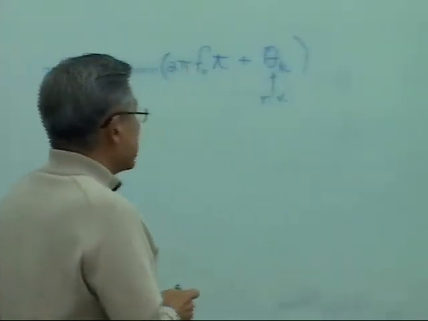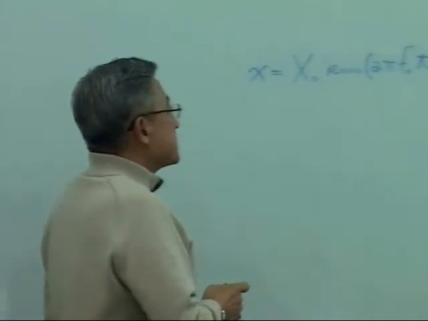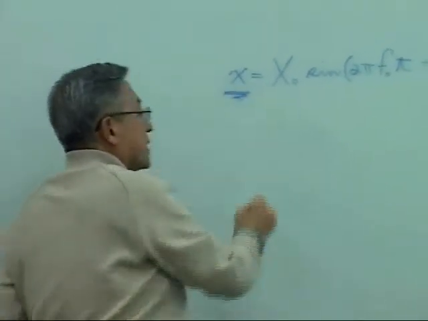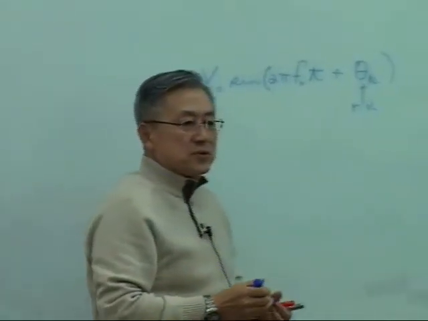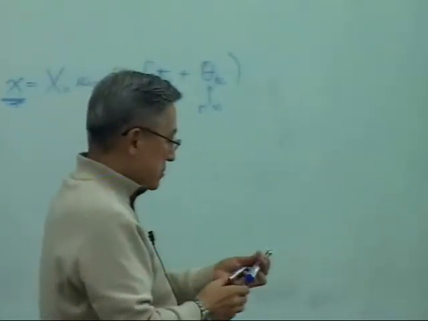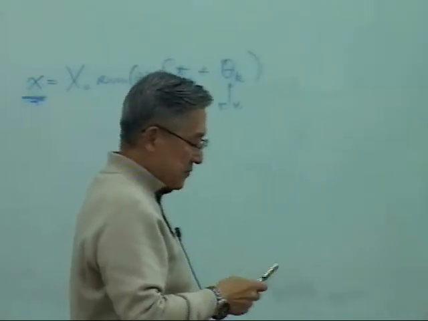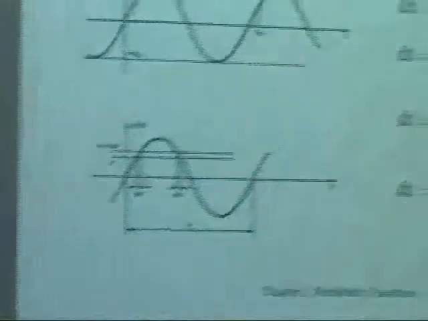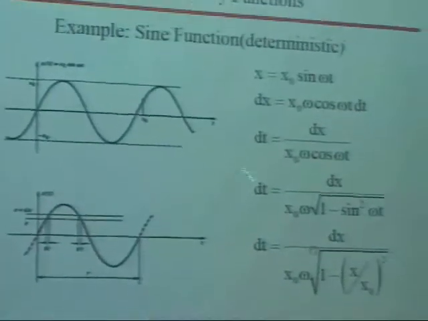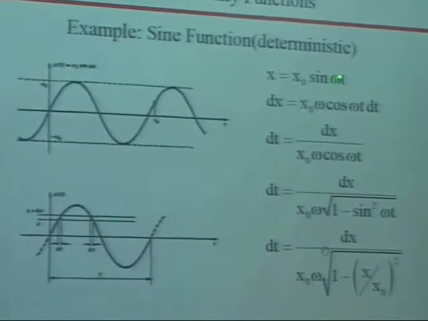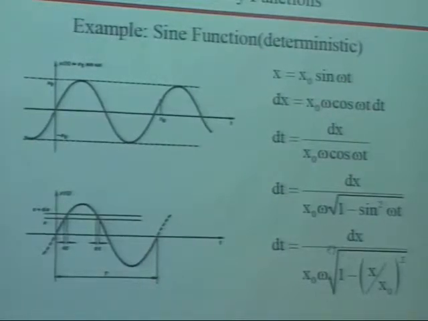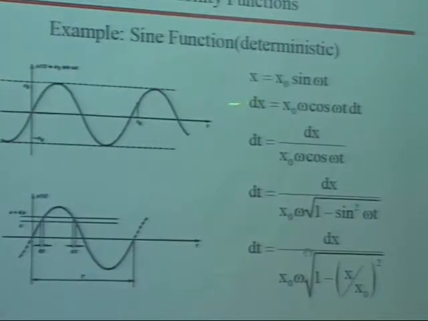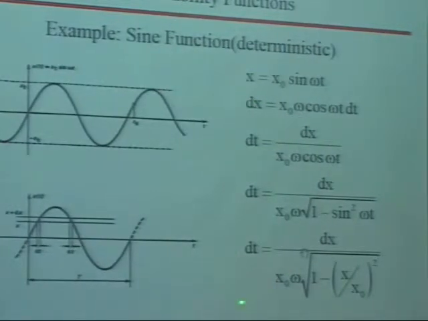You can compute the probability distribution function for the x as you treat the random variable as a special function. So I'm going to just say here simply, even drop the theta k here, omega t, omega or 2 pi f, who cares, it's the same. I'm going to just follow this path.